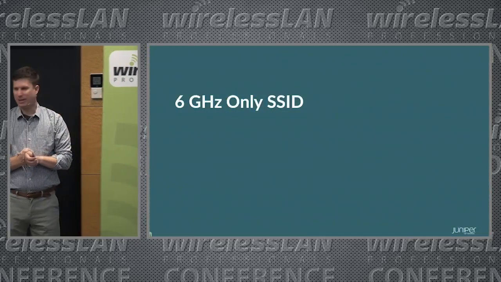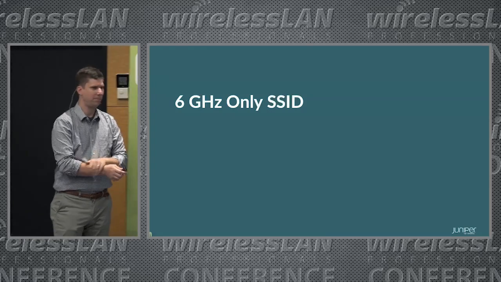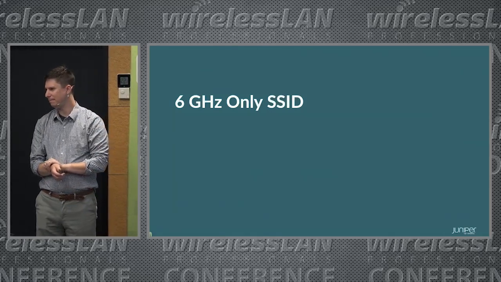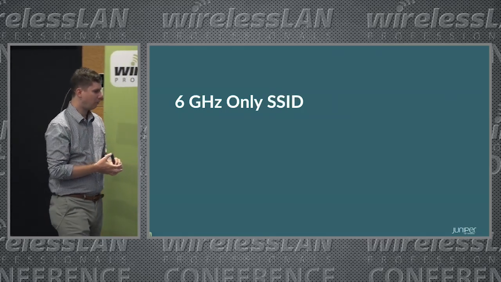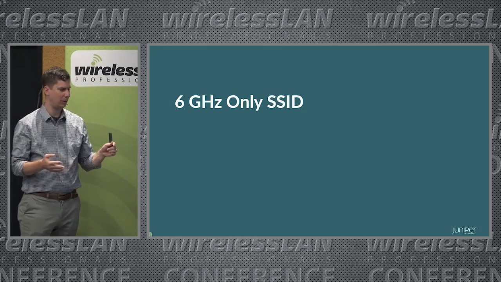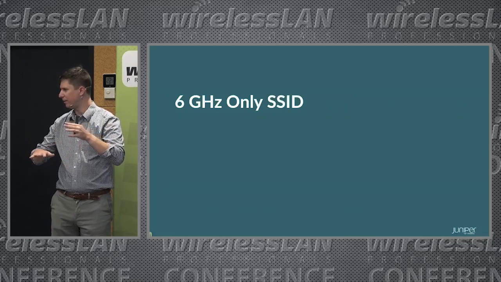So an idea that I've seen come up a lot is this idea of a 6 gigahertz only SSID. As you start thinking about your SSID strategies, there's a couple of permutations of this. One is a 6 gig only SSID, but I still have 5 gig on the AP.